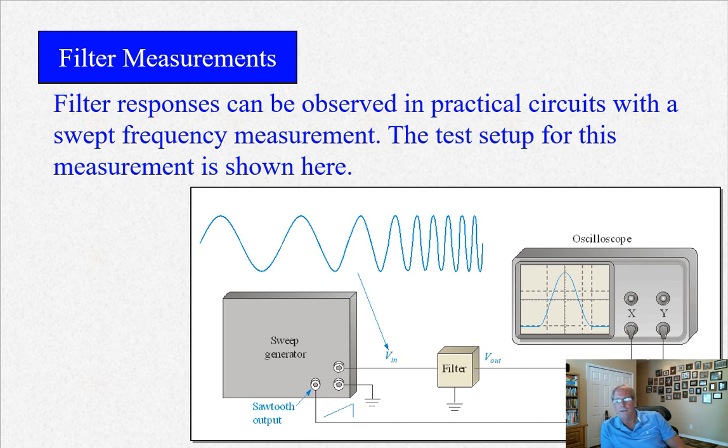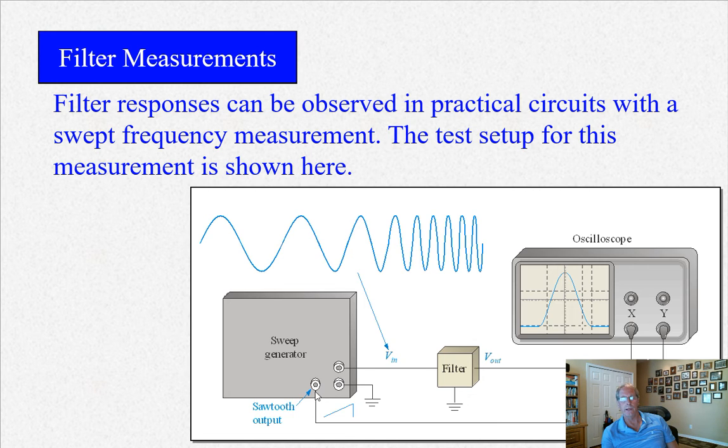Now this is an interesting technique for getting Bode plots on an oscilloscope. Normally you can't get Bode plots on an oscilloscope. That requires a Bode plotter or a network analyzer. But you can actually do it by using a sweep generator and a sawtooth source.